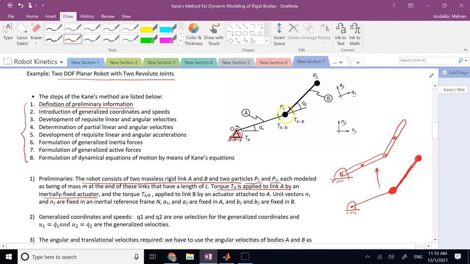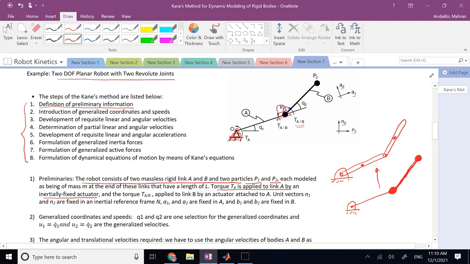On the other hand, the torque that you apply to the second link, TAB, is coming from a motor whose bottom really is attached to link A, or object A.